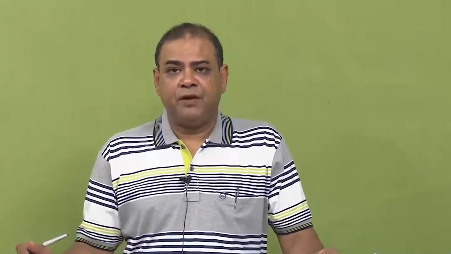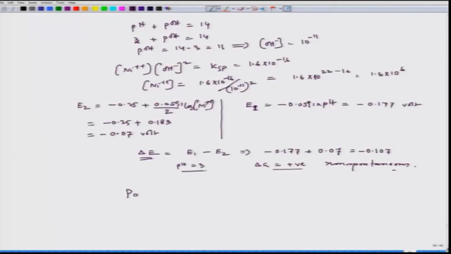That information can be obtained from a particular diagram which is called the Pourbaix diagram. This Pourbaix diagram is nothing but a plot between pH and potential.